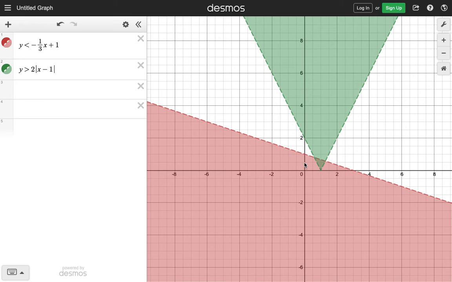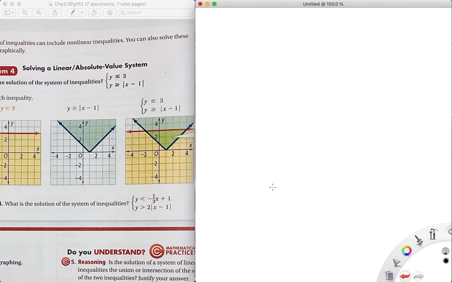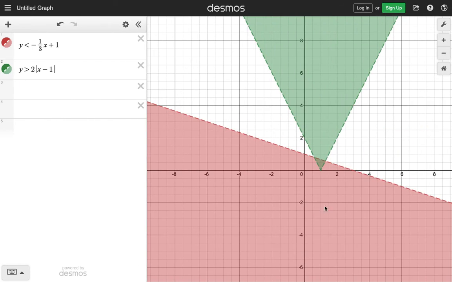So this would be 1/2. 1 and 1/2. So the solution would be 1 and 1/2. So if I was to put, yeah, 1, 1/2.